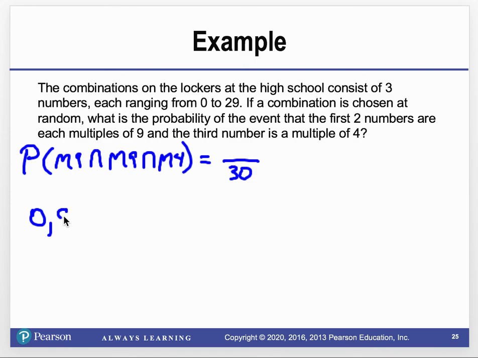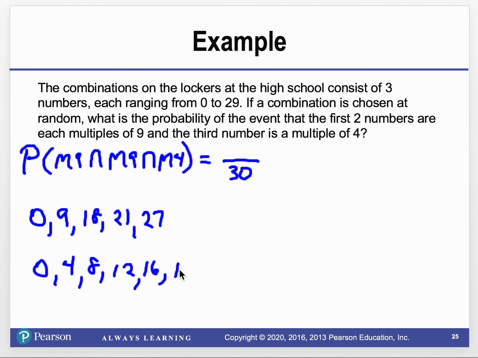So 0, 9, 18, 27, and that's all. Let's do multiples of 4. 0, 4, 8, 12, 16, 20, 24, 28, and then that's all. We'll pass 29.